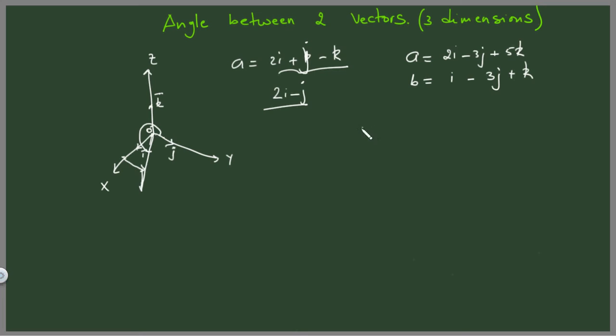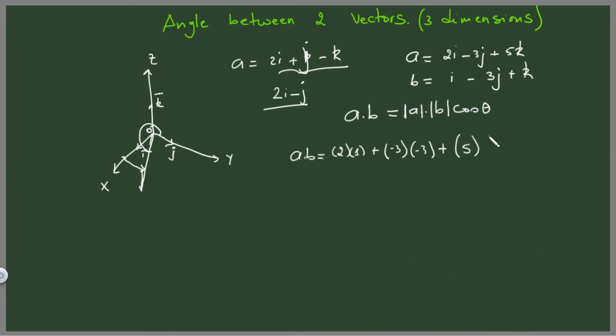As we've seen before, our general formula is that the dot product a dot b equals the product of the magnitudes of a and b times the cosine of the angle between the vectors. This is called the scalar product. So a dot b would be 2 times 1, plus minus 3 times minus 3, plus 5 times 1.